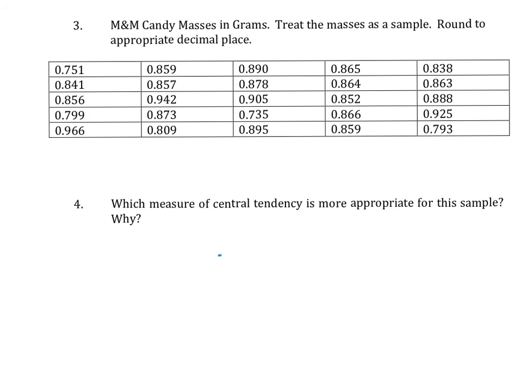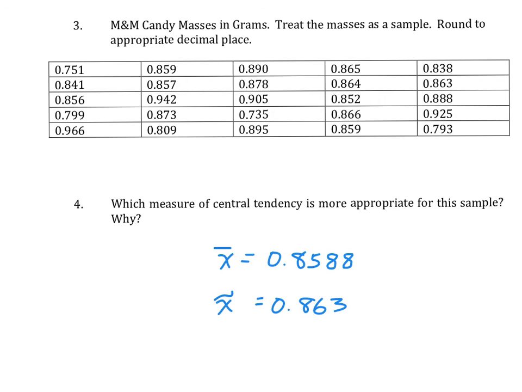So the mean for this one, and again it's a sample, is 0.858, and then we're going to go one more place beyond the data set, 0.8578. And the median, 0.863. And that was a positional value because there's an odd number of data points here, I believe. 25? Yeah, 25 data points.